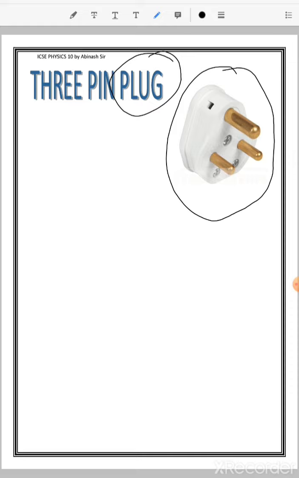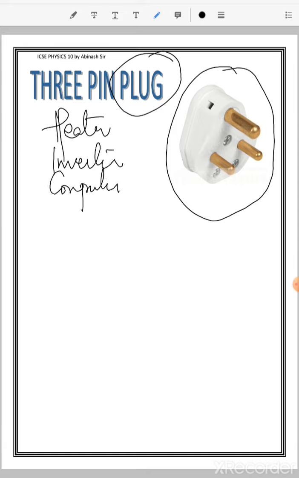For example, you can find 3-pin plugs on heaters, inverters, computers, fridge, iron, and toaster. All those devices have a power cable which has this 3-pin plug.